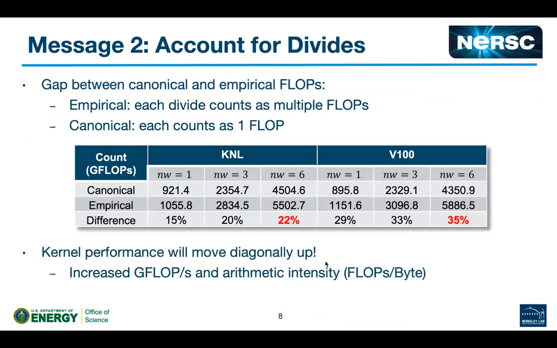And if we look at the performance, because the data movement hasn't changed, but the flops has gone up, the arithmetic intensity has increased, and so has the gigaflops per second performance.